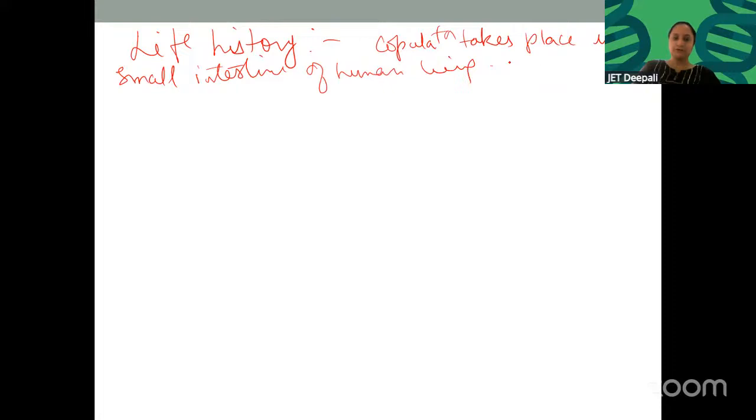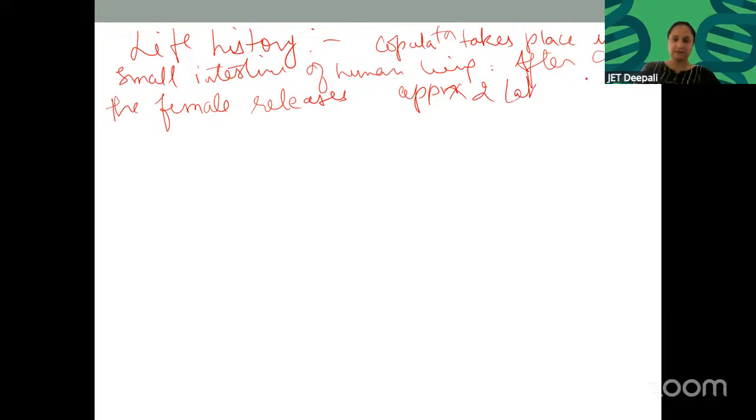After copulation, the female releases approximately 2 lakh eggs per day. See the frequency: 2 lakh eggs per day.